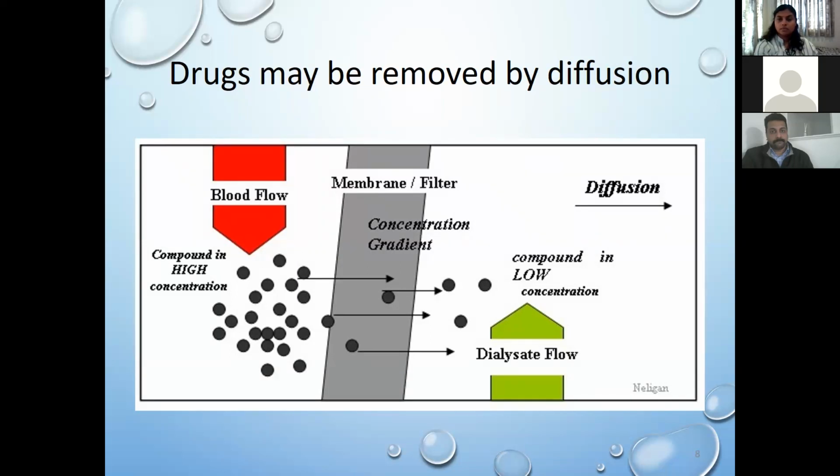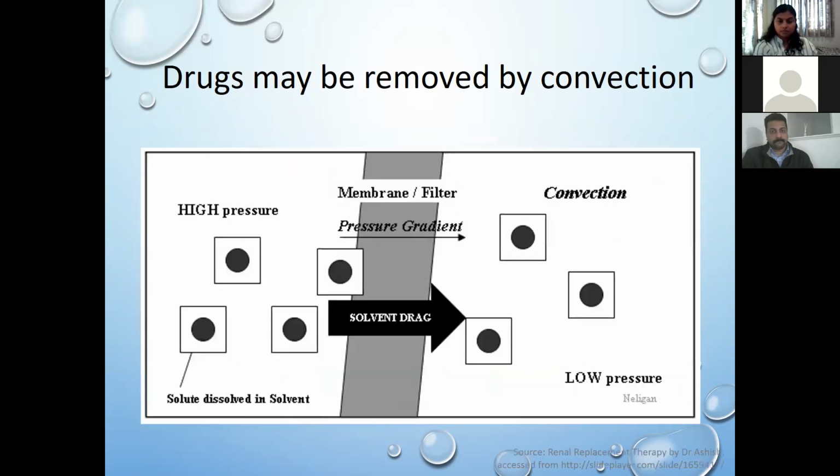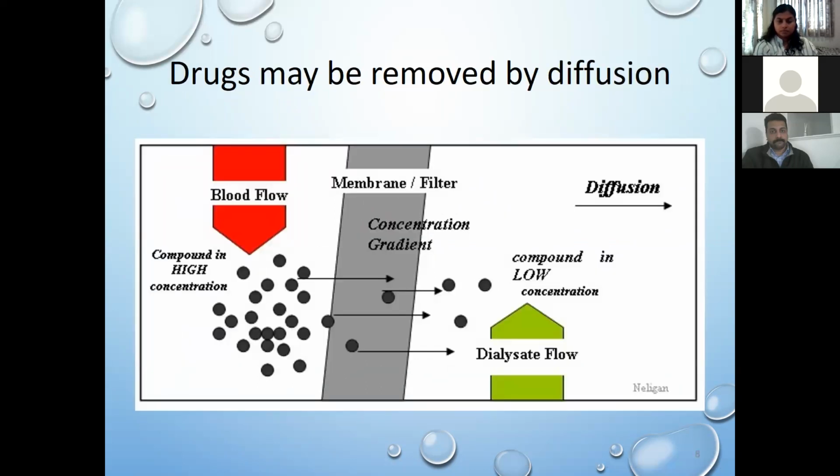So less than 1,000 daltons in general will lead to drugs being able to be removed by diffusion process. We can enhance diffusion by maximizing the concentration gradient between the blood and dialysate, and that can be achieved by this opposite direction of blood and dialysate flow. So you're always maintaining that high concentration gradient.